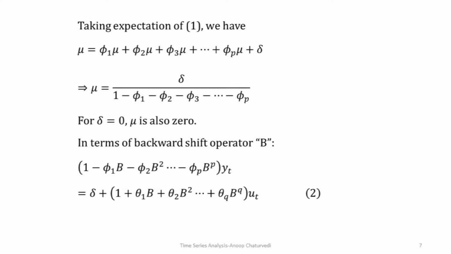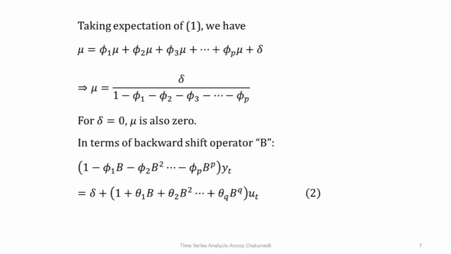So, you obtain this expression for the mean of the process. For delta equal to 0, mu becomes 0. So, the mean of the process becomes 0 for delta equal to 0.